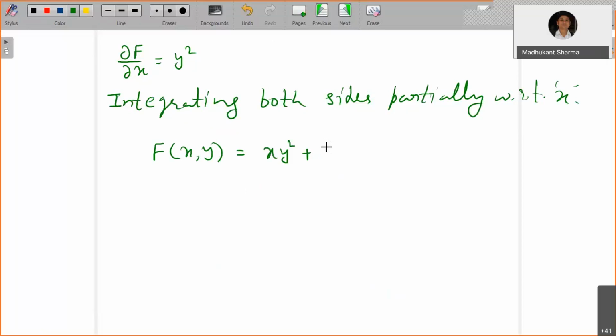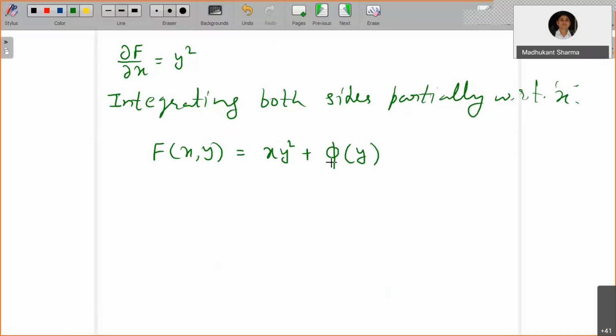But as I already mentioned, y square you have to treat as a constant only. So the constant may or may not be a function of y, but we have to keep it. When you perform dou F by dou x here, you will be left with only y square. So these are equivalent.